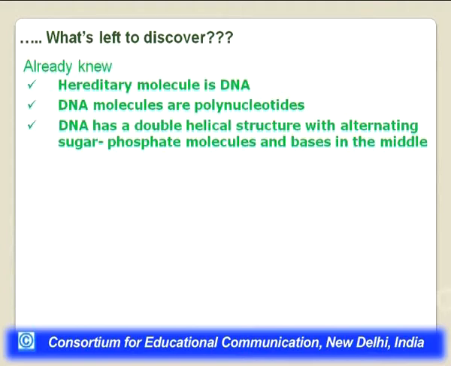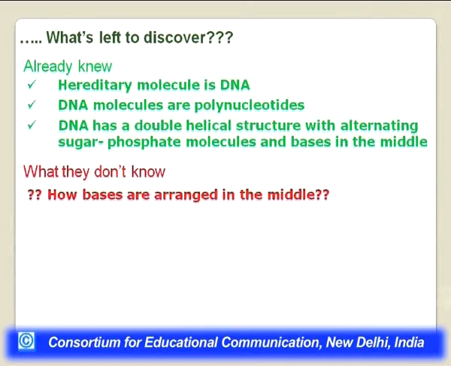And the double helical structure had a sugar phosphate backbone, the alternating sugar phosphate, which was already deciphered. What they did not know was how the bases are arranged in the middle. So, the bases are inside, but how are they arranged? The approach which they took was to find the stereochemically most favorable configuration compatible with the X-ray diffraction data produced by Wilkins and Franklin.